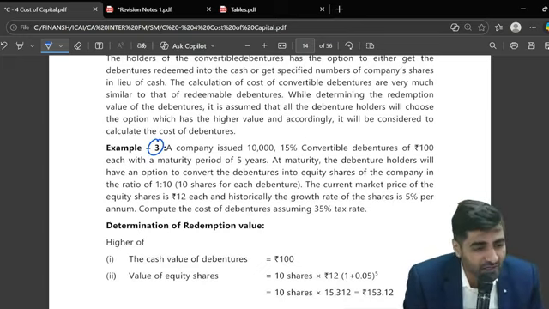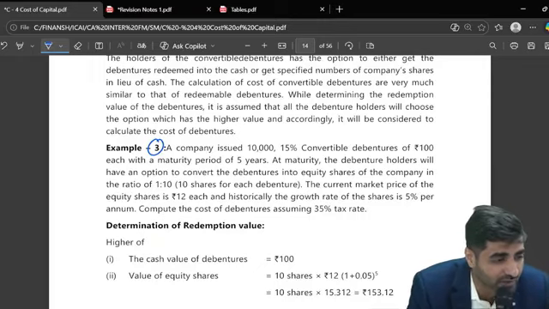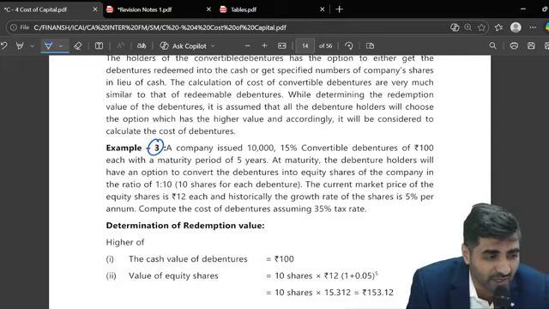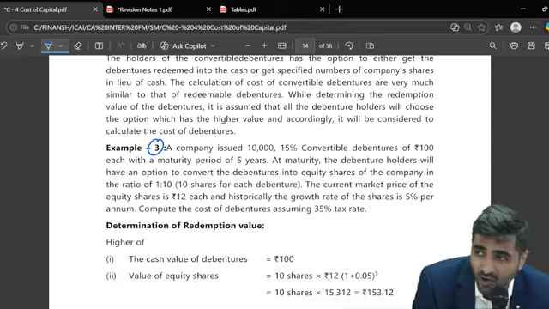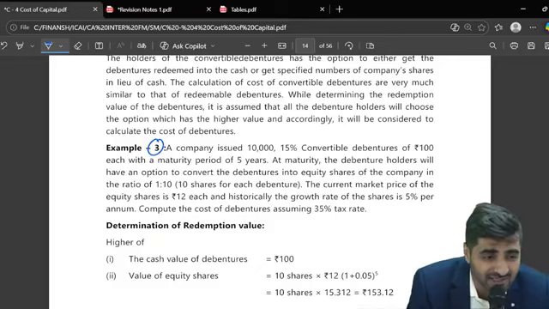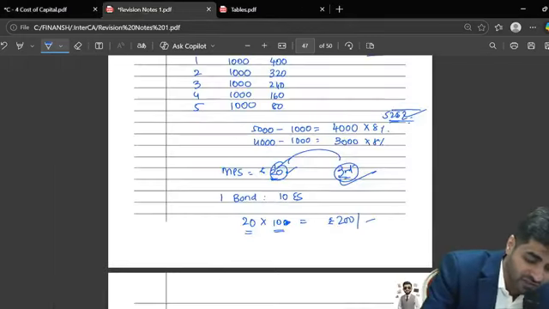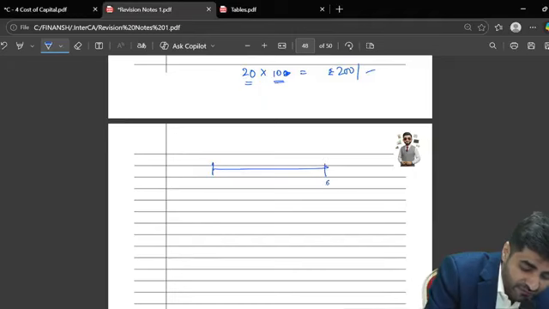At maturity, the debenture holders will have an option to convert the debentures into equity shares of the company in the ratio of 1:10. Now, when is the conversion going to happen? Now or at the end of the 5th year? At the end of the 5th year. So my conversion is going to happen at the end of the 5th year.